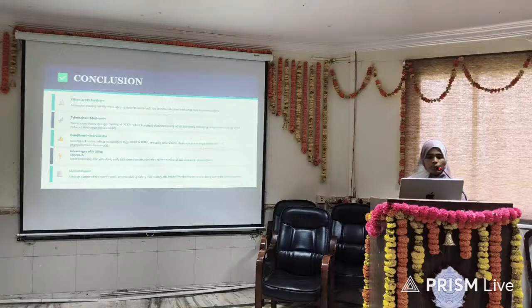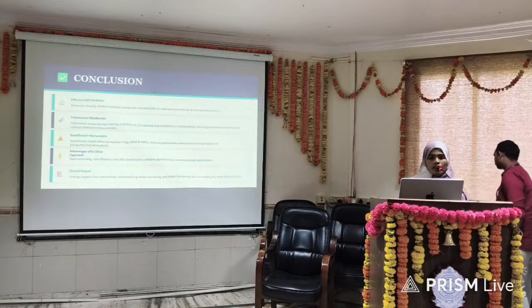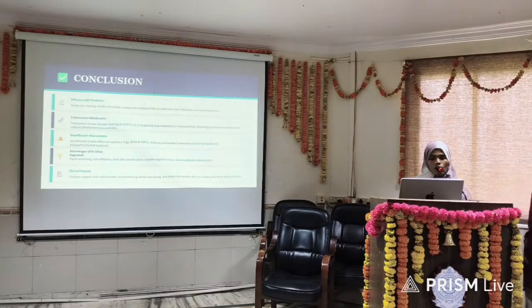In the case of gemfibrozil and atorvastatin, gemfibrozil inhibits efflux transporters PGP, BCRP, and MRP2, reducing atorvastatin clearance and raising toxicity risks. Advantages: rapid screening, cost-effective, early DDI identification, validates against clinical pharmacokinetic observations. Clinical impact: findings support dose optimization, improved drug safety monitoring, and better therapeutic decision making during co-administration.